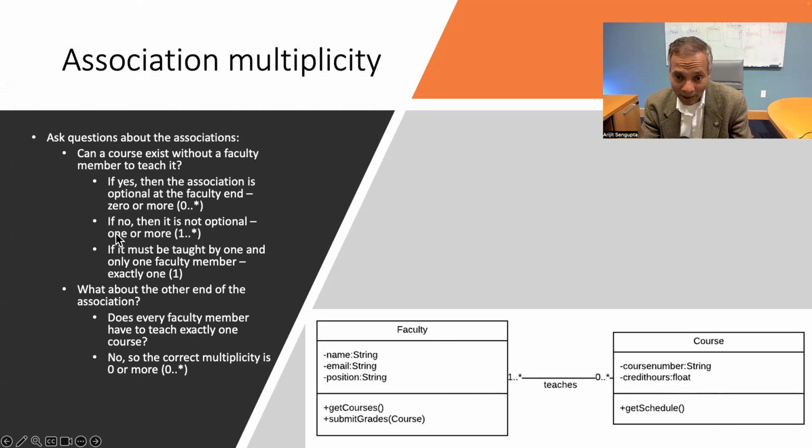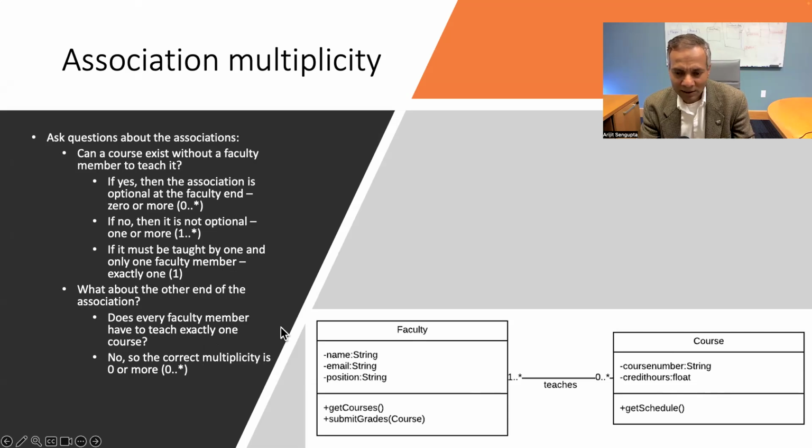And if it is required, so a course is required to have a faculty, then you would have 1..*. And if both the lower limit and the upper limit happen to be the same, that is, a course can be taught by exactly one faculty member, you don't even have to show the range. You can just say 1, and that would give you exactly one faculty member.